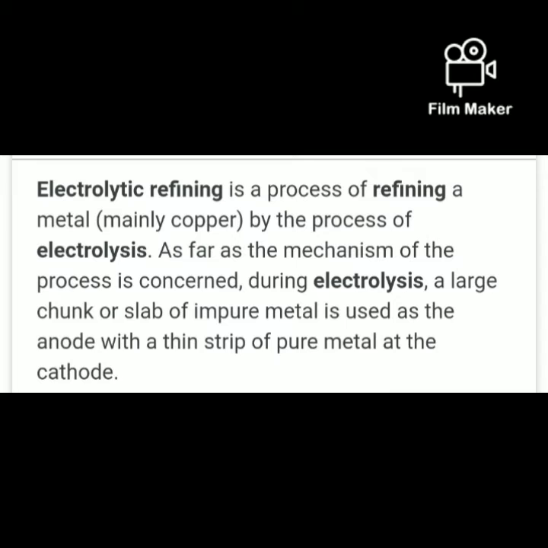This is a process in which we use two different metal rods. One is a pure metal rod and the second is an impure metal rod. When we connect these rods and start the current flowing through them, with an electrolyte liquid present, the impure metal starts losing electrons, and those electrons get collected at the pure metal.